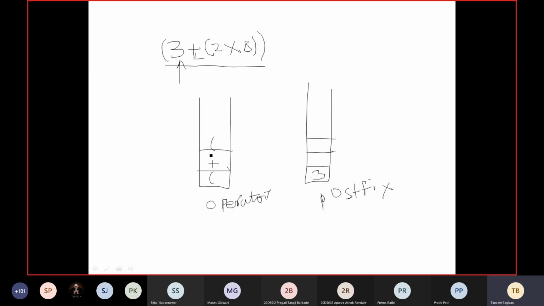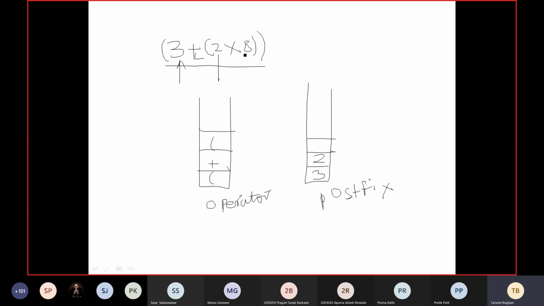So remember this. So this plus should come last. So in that direction we have to work it out. Then after the opening parenthesis, the next character is 2. So 2 is pushed onto the postfix stack.